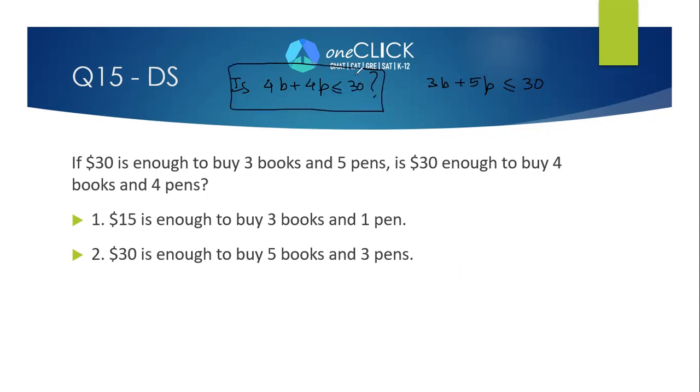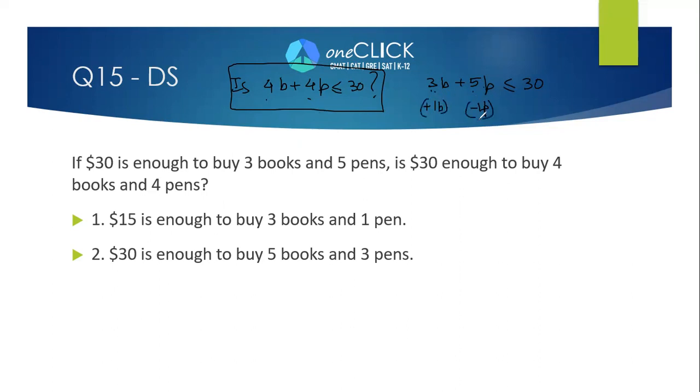Okay. Now, if you look carefully, 3 has become 4 and 5 has become 4. Basically meaning that you kind of replaced 1 pen with a book, made it one less, removed 1 pen, and you added a book.